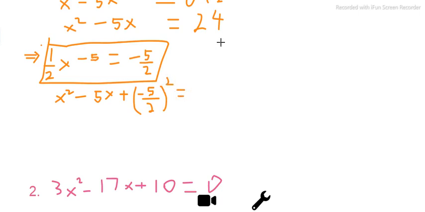Equals, on this side we have 24 plus the square of minus 5 over 2, which we add to both sides.